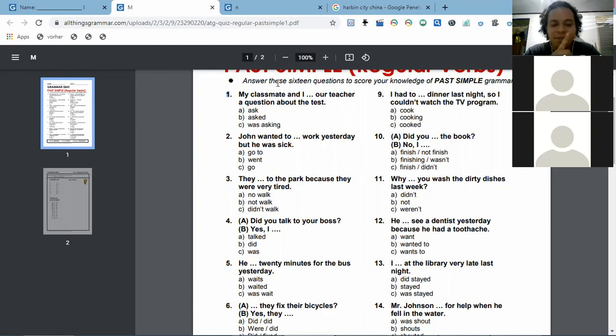Be careful, everyone. We also talked about this when we studied this material: there are two types of verbs. Can anyone tell me what the types of verbs are? When we talk about past tense and verb to, there are two types of verbs.